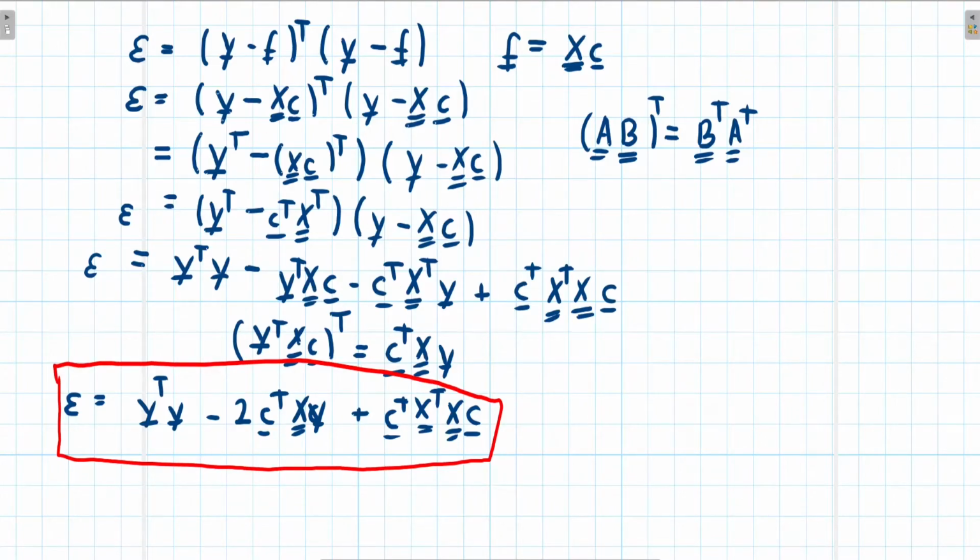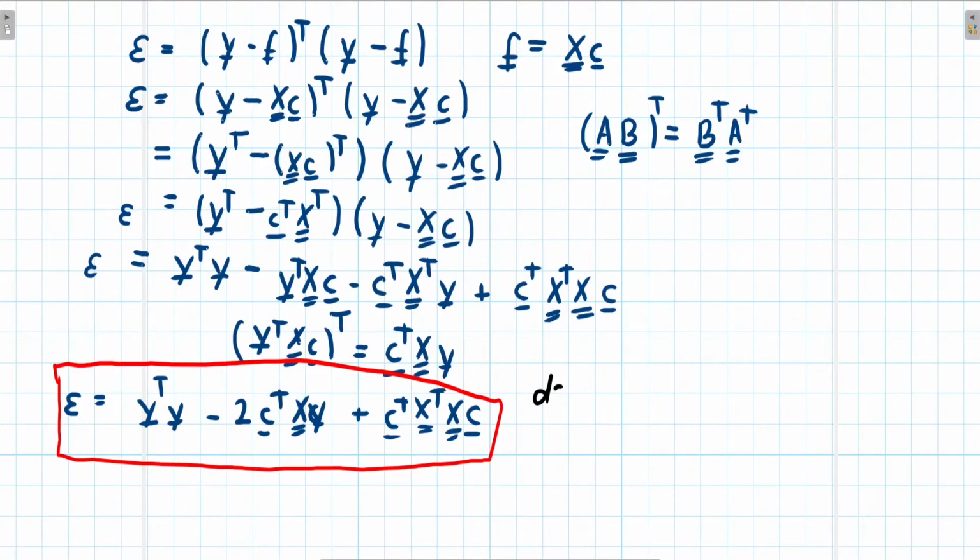But now we've just defined the function in matrix vector form. What we actually need to do is minimize that function with respect to our coefficient vector. And for those of you who've taken a class in calculus, you probably know that you find a minimum or maximum by taking the derivative d epsilon by dc and setting it equal to 0. So that's exactly what we're going to do.